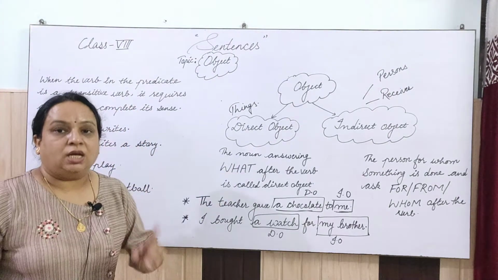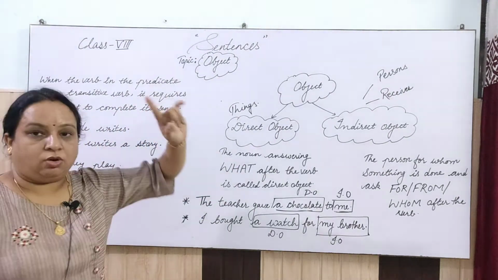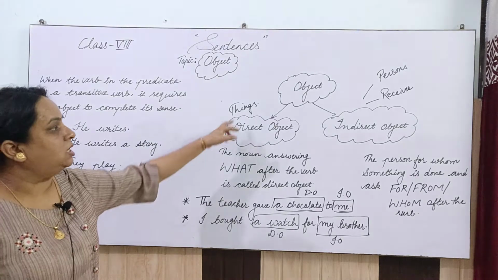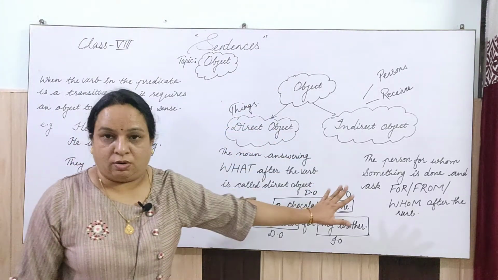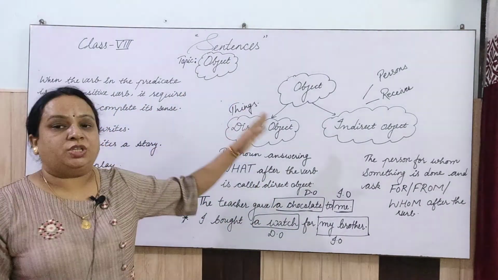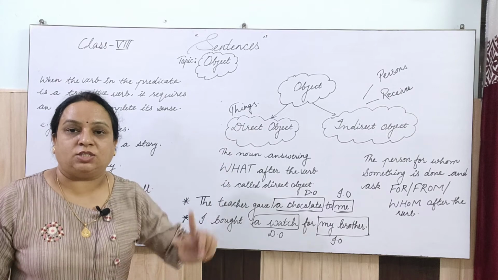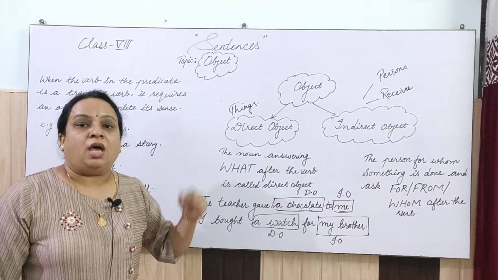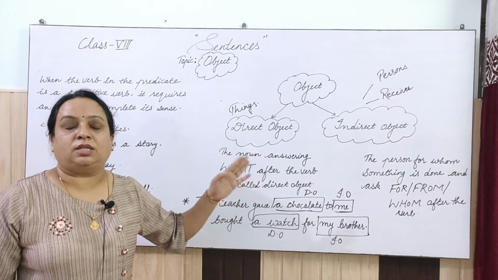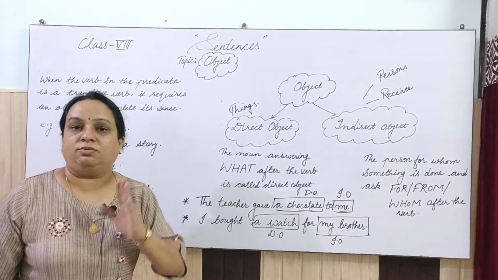So once again, direct object. First of all, the position of object in the sentence, that is after the verb. Clear? Then a verb which is having object, that is known as transitive verb, and a verb which is not having object, that is called intransitive verb.